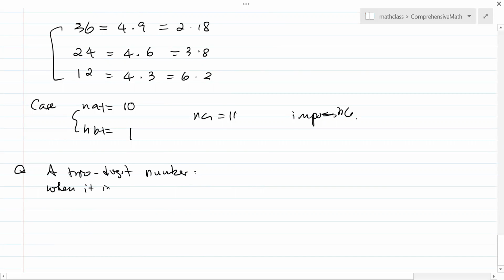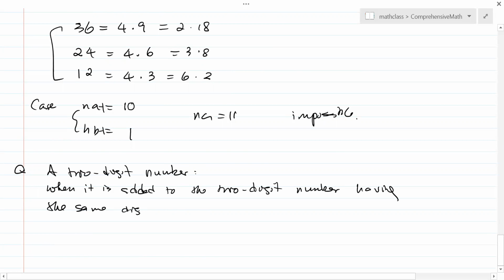When it is added to the 2-digit number having the same digits in reverse order, the sum is a perfect square.